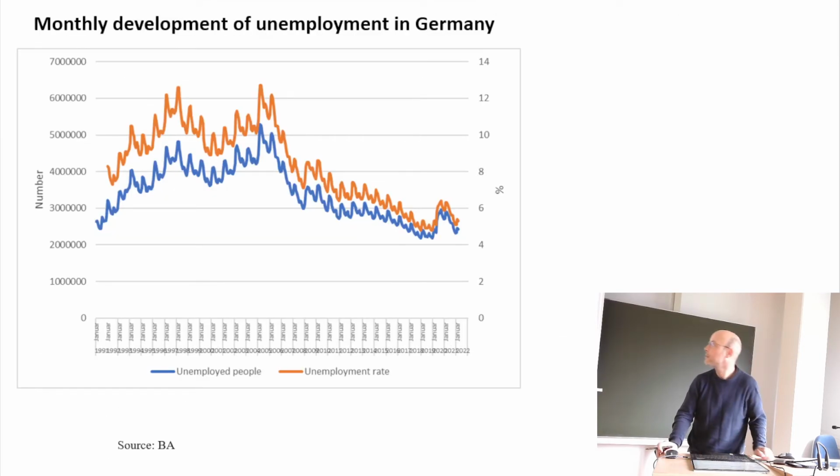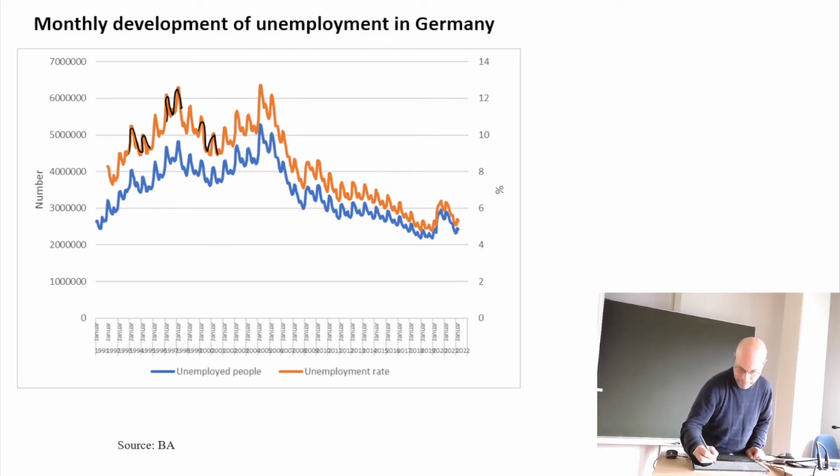And if we look at this pattern, then we see that we have quite a fluctuation if you look at the period not per year but per month. And we have more or less always the same pattern during a year itself.